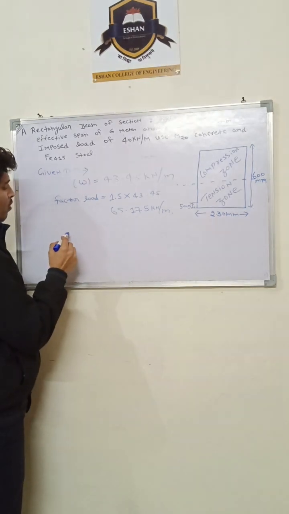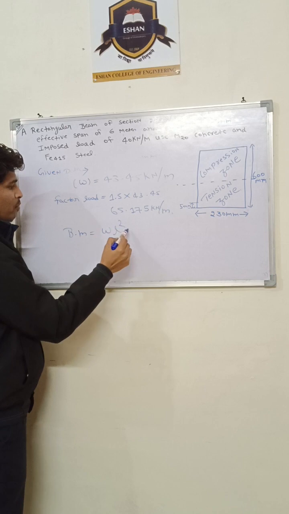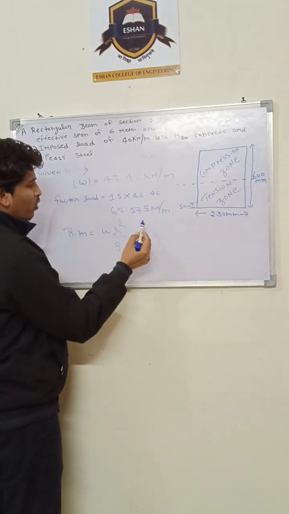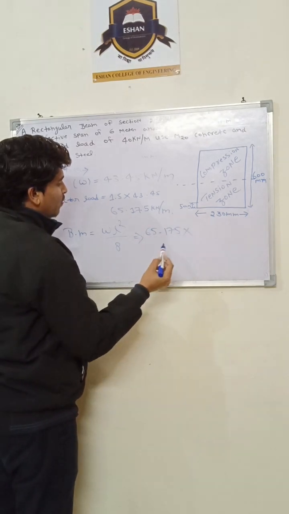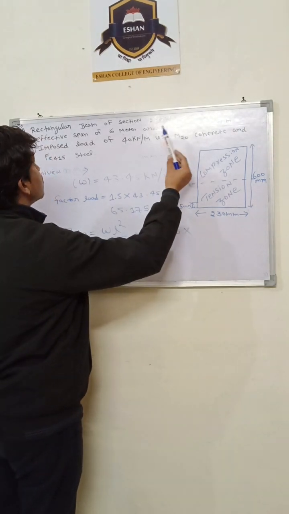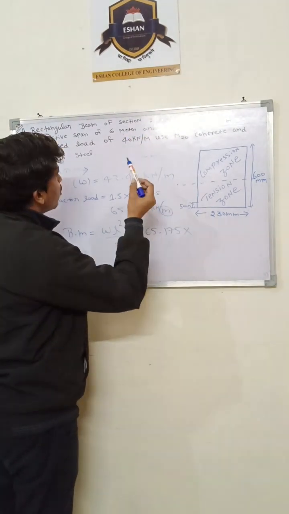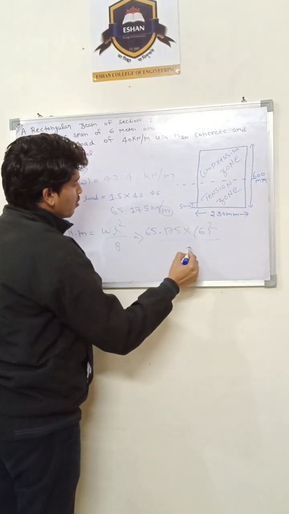This is a simply supported beam. For the simply supported beam, the bending moment formula is WL squared upon 8. So W, the total load, is 65.175 and length is 6 meter. We take the length in meter. So 6 squared upon 8.